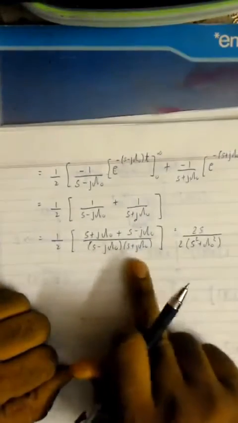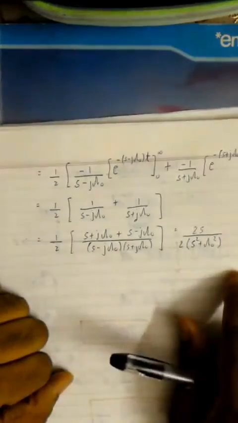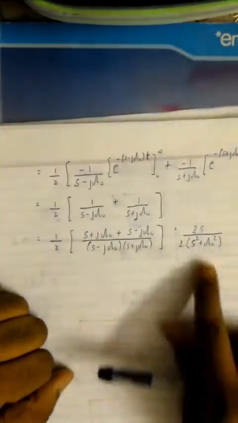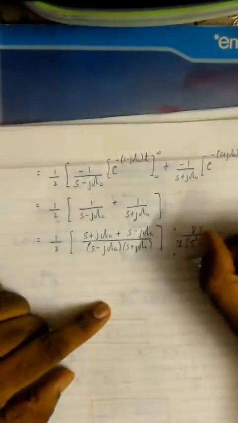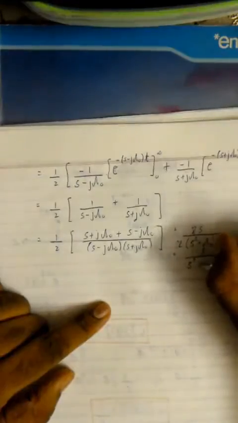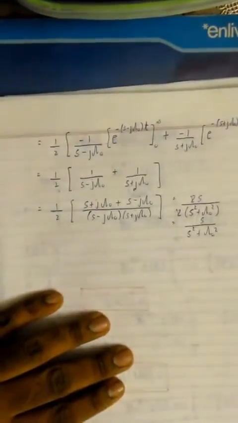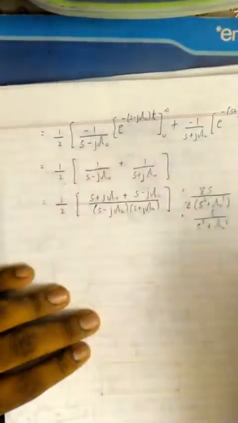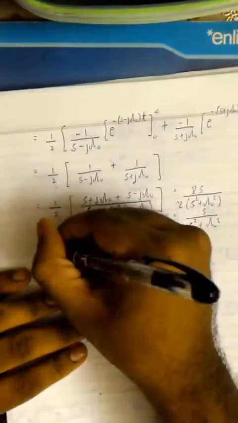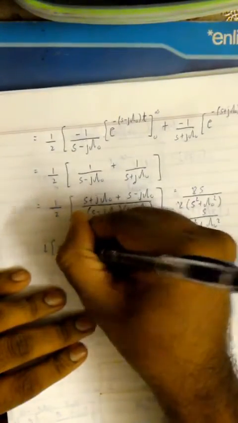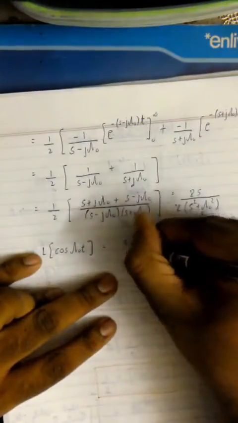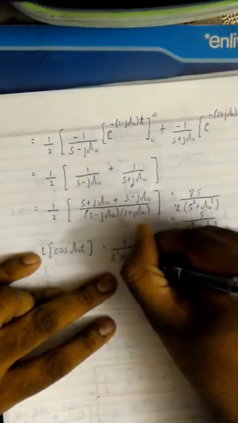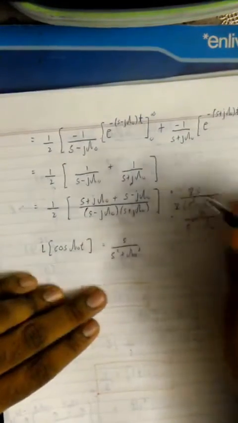It's a complex number multiplied with its conjugate, so you will get a square plus b square. Now if I cancel 2, this is my final answer: s by s square plus ohm 0 square. So hence I found my third property, that is, the Laplace transform of cos ohm 0 t is equal to s by s square plus ohm 0 square.